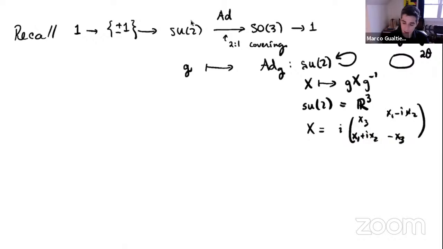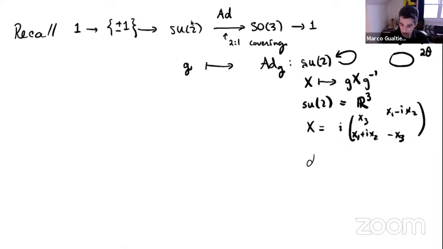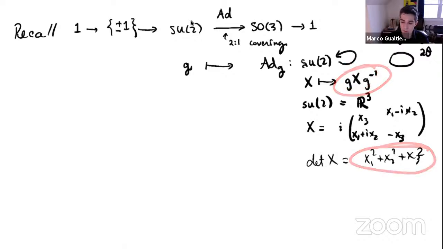And remember that the determinant of X is exactly x1 squared plus x2 squared plus x3 squared. So the fact that this does not affect the determinant of X means that this norm is preserved by this operator, and therefore it lies inside SO3. That was the abstract reason why SU2 and SO3 are so closely related.